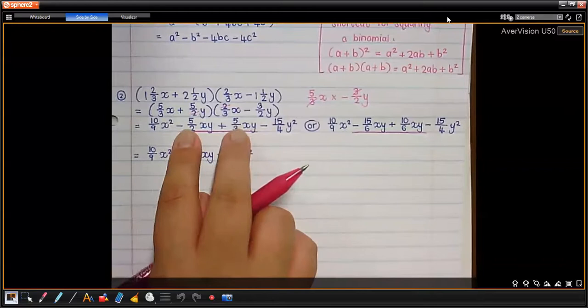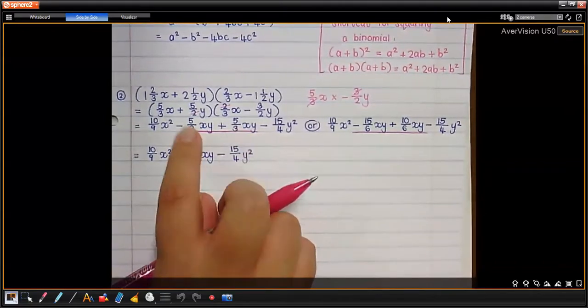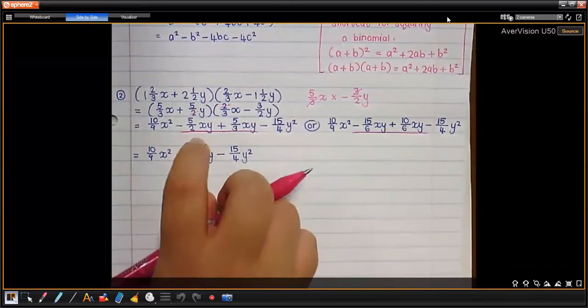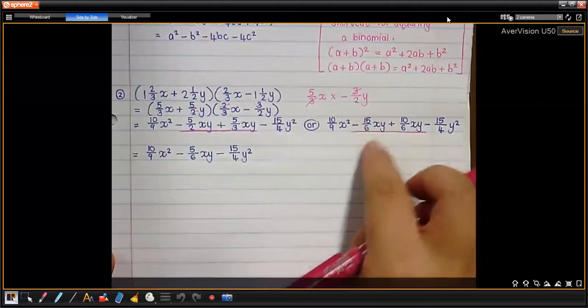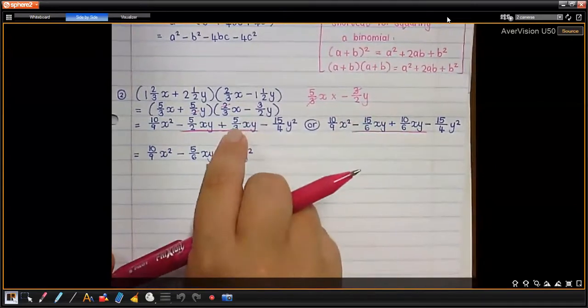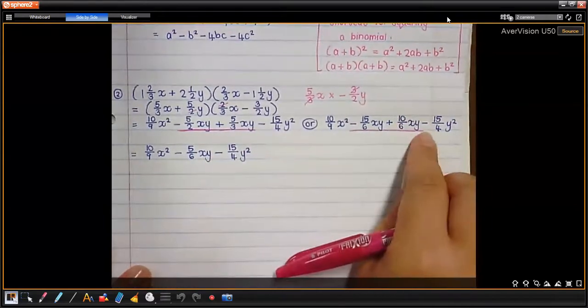What is the LCD of 2 and 3? 6. So you would then have to say, to turn 2 into 6, I must times the top and the bottom by 3, which will give you that. To turn 3 into 6, I must times the top and the bottom by 2, which will give you that.